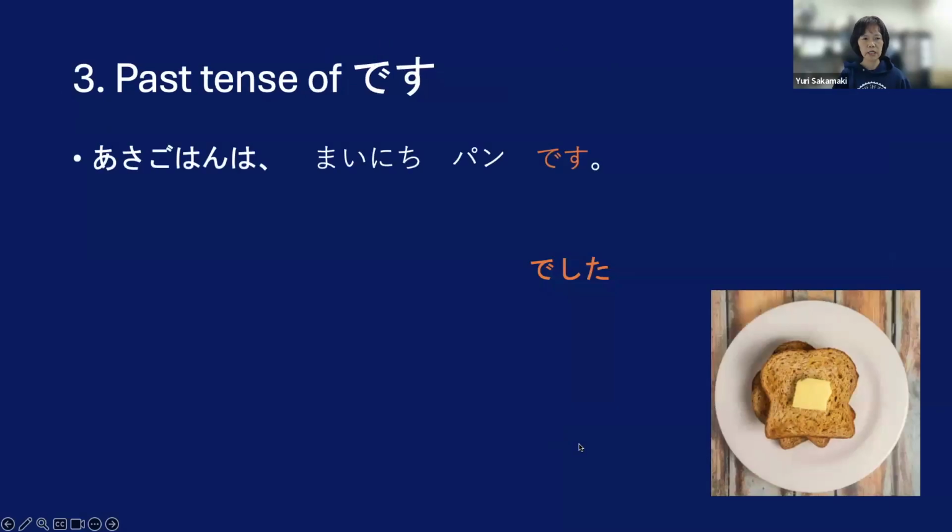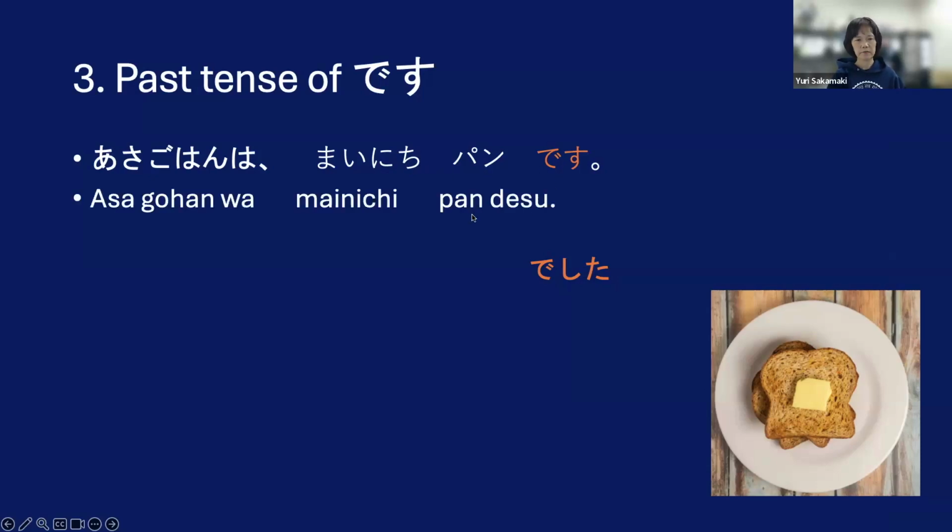So how would you use that? We could say something like 朝ごはんは毎日パンです. As for breakfast, every day, it's bread, meaning I eat bread every day. So that's present tense, right? Because it's a habit.